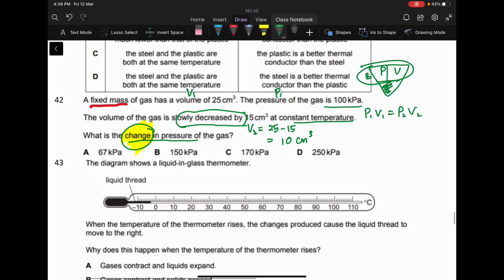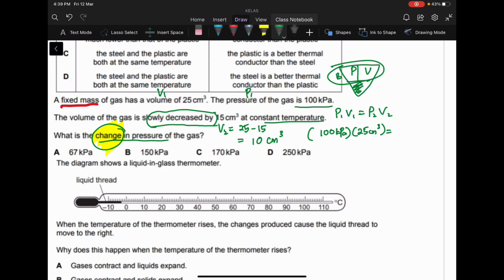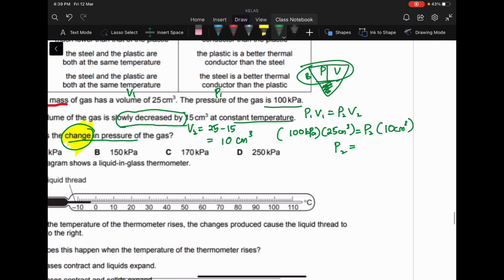P1 is 100 kilopascal, volume 1 is 25 centimeter cubic, P2 is the one that we want, and V2 is now 10 centimeter cubic. So P2 equals 25 times 100, that gives us 25,000.